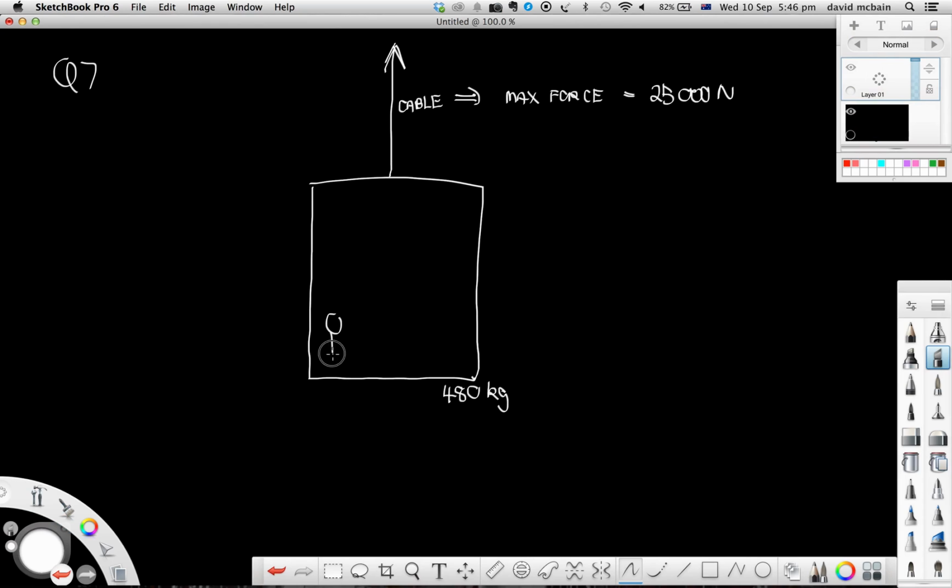If we could imagine, it's a big lift, by the way. So there's a maximum of 24 people in here. I won't draw all 24, but you get the idea. And each of those people is 70 kilograms.